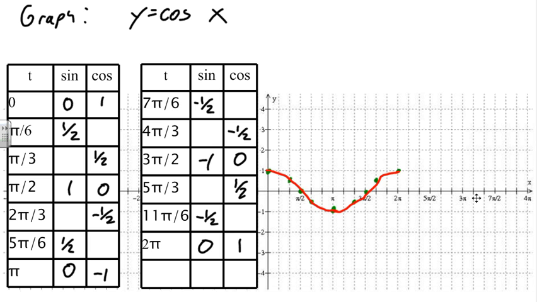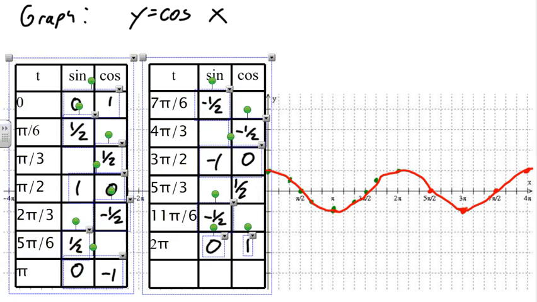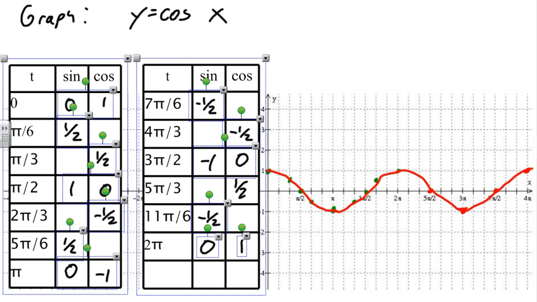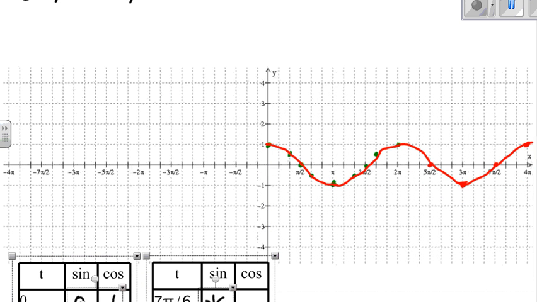It would continue. It would be at 0, and then -1, back at 0, +1. And just like sine, we can graph it on the left side of our graph as well.